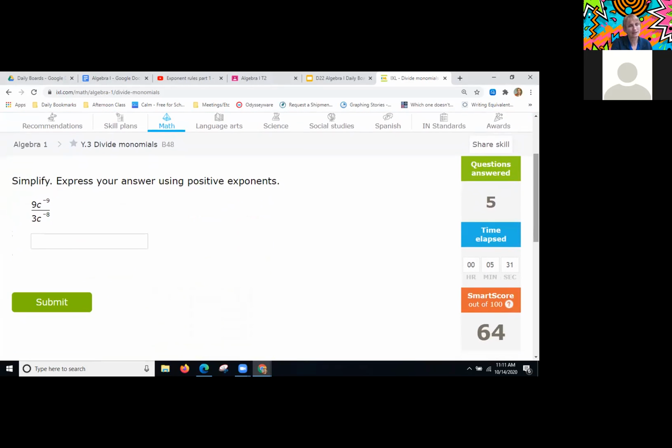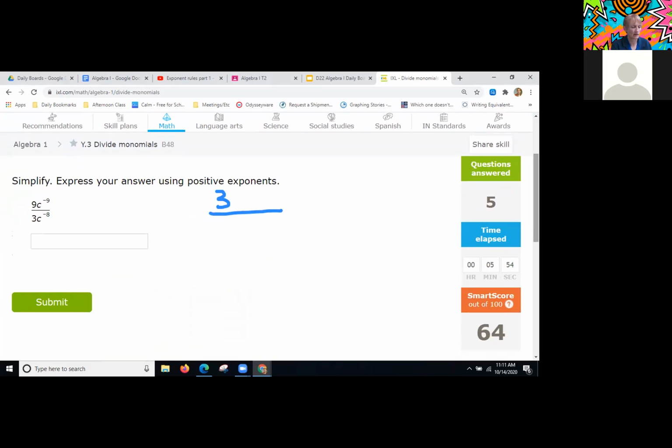So when we get things with two negatives, what helps most of my students is to put the negatives where they would make positives and then do the problem. So I know that 9 over 3 is going to give me 3. That's the easy part. There's going to be a 3 on the top.